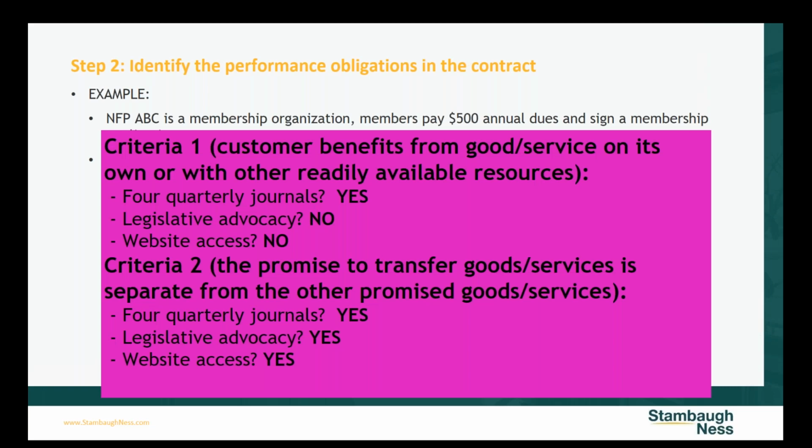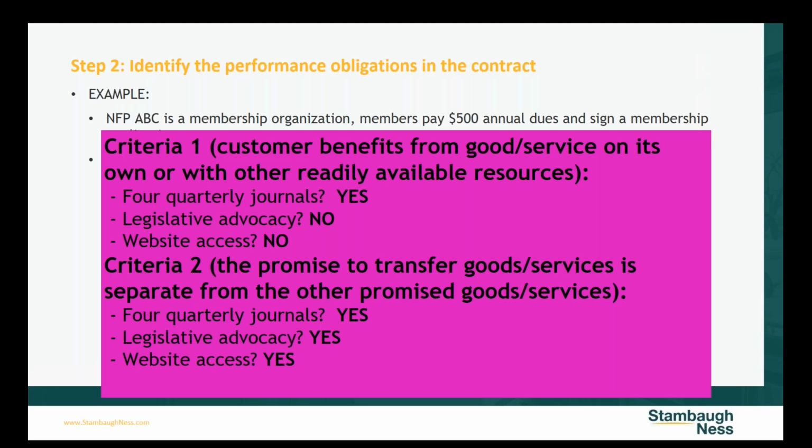The first criterion is, can the customer benefit from the good or service on its own or with other readily available resources, meaning resources that the customer has on its own. It wouldn't have to go out and purchase something else to use that item, or have some other service that you provide in order to access that benefit.